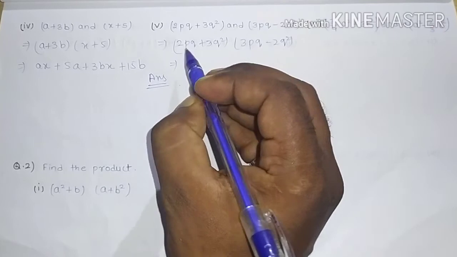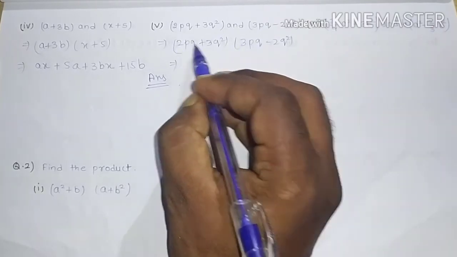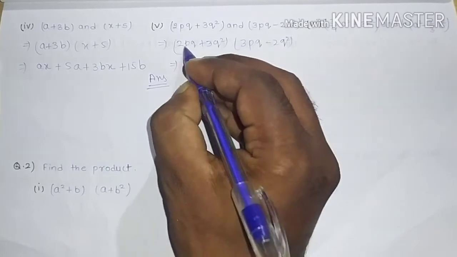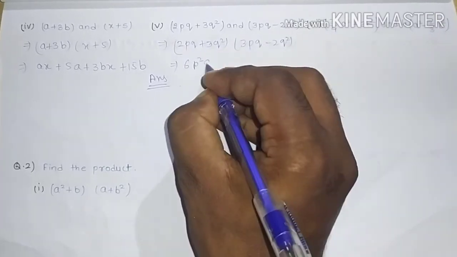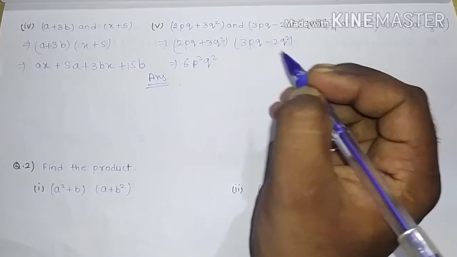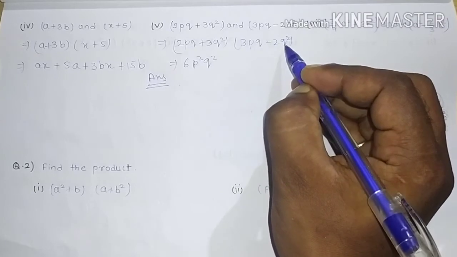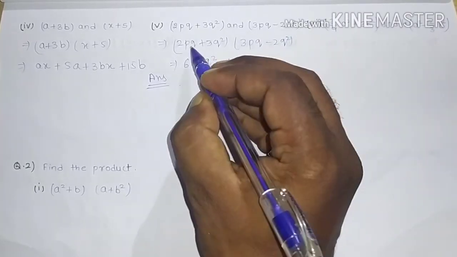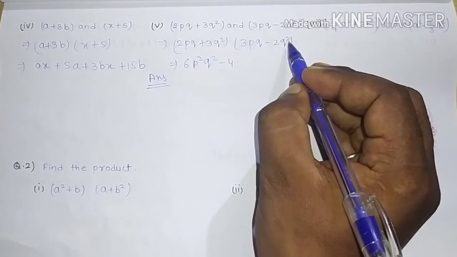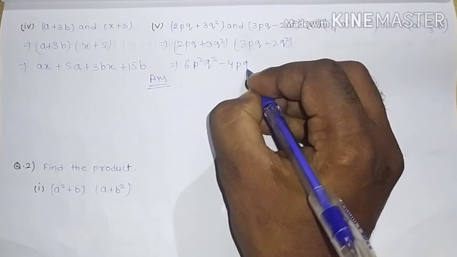So 2pq is multiplied into 3pq: 2 3s are 6, p into p is p square, q into q is q square. Now 2pq is multiplied into minus 2q square: 2 2s are 4, so it will be minus 4, and pq into q square will be p q cube.